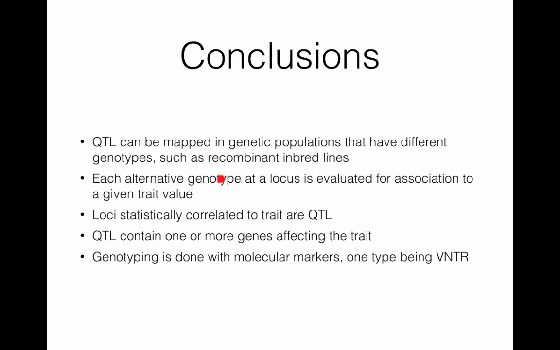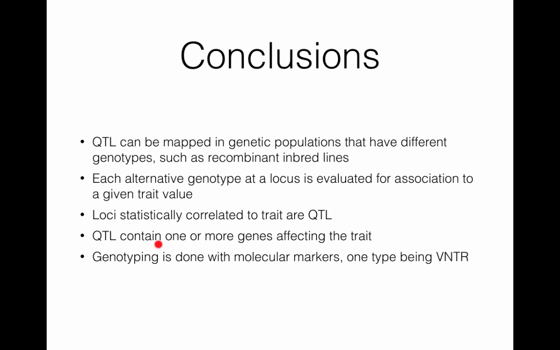Each genotype is then tested at the locus to evaluate whether that genotype, for example, little a versus big A, is associated to a given trait value. If it is associated by a statistically determined difference, we can then conclude that we have a quantitative trait locus in that position.